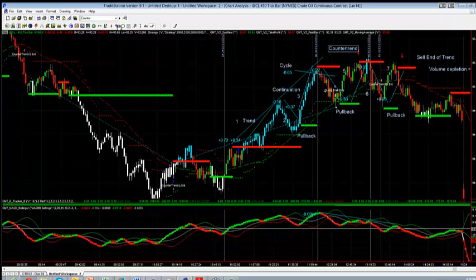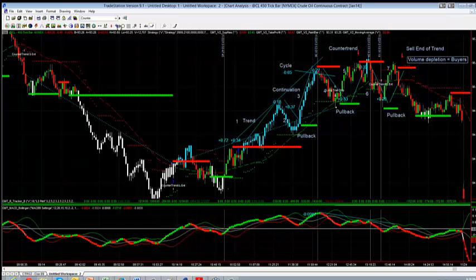So the other component to the counter trend, which is the second phase of stepping in front of the trend, is the end of the trend. The end of the trend comes when you see consolidation after a big move. You see that you've got volume depletion. So what do I mean by volume depletion?